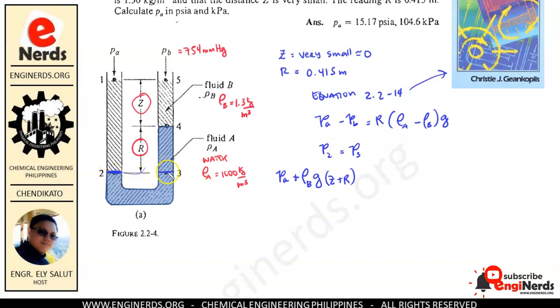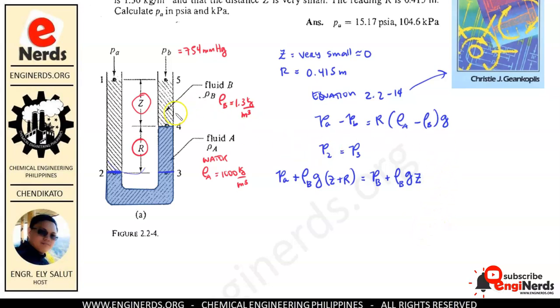Now, we are going to take the pressure in point 3. And that is equal to, first, we have PB plus the pressure generated by the fluid B here. So, we have the density of fluid B, acceleration due to gravity, and the height. In here, our height from here to here is equal to Z. Okay?